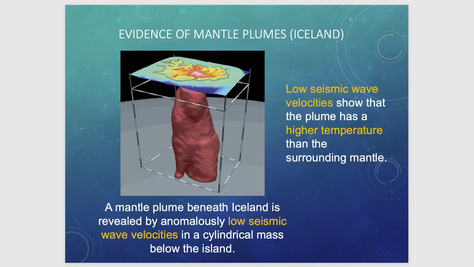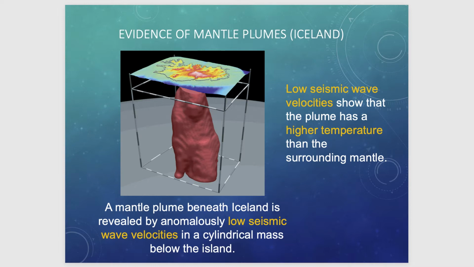Here is an example of a geophysical mapping of the plume under Iceland. I was mentioning this more complicated case. However, geophysicists using seismic data can actually map the temperature gradient and the anisotropy that exists.